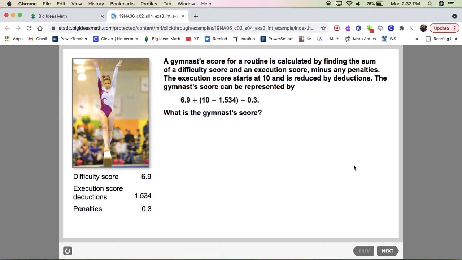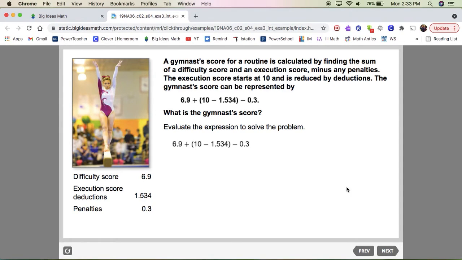The gymnast score can be represented by this numeric expression: 6 and 9 tenths plus 10 minus 1 and 534 thousandths minus 3 tenths. What is the gymnast score? So you can see here, this gymnast earned a 6.9 for the difficulty score, an execution score, and then a penalty score.